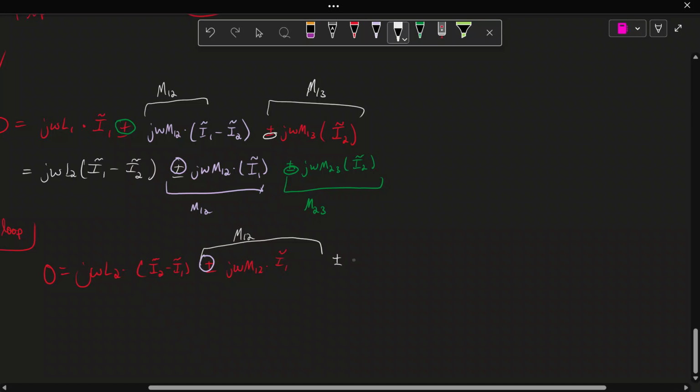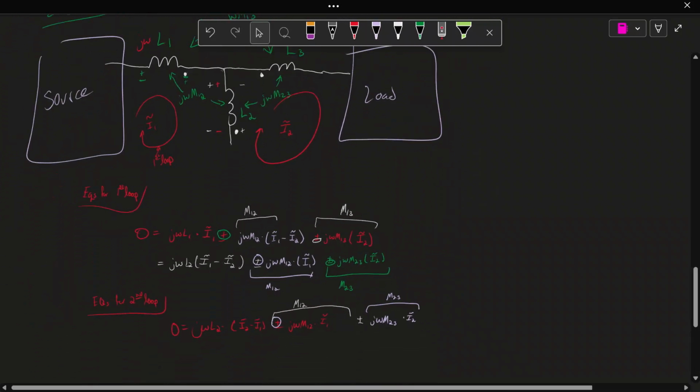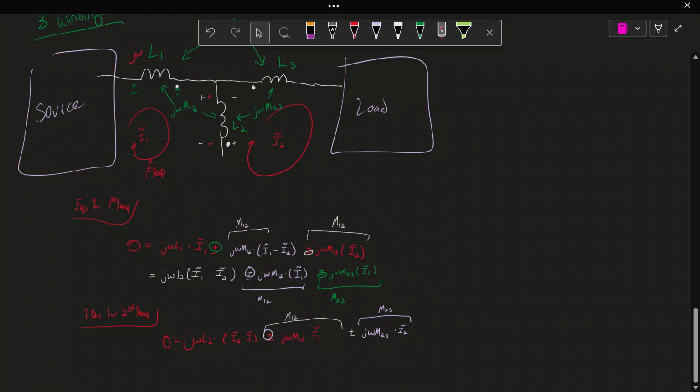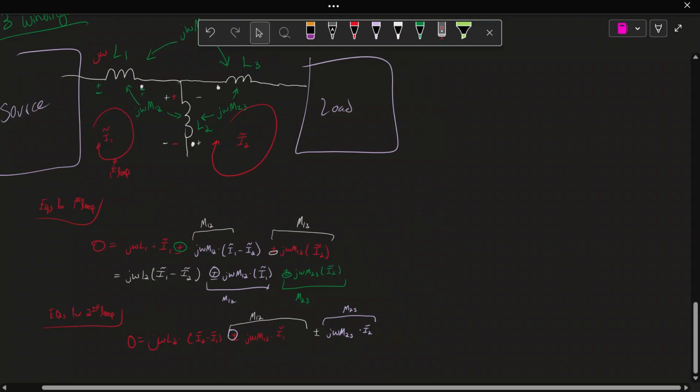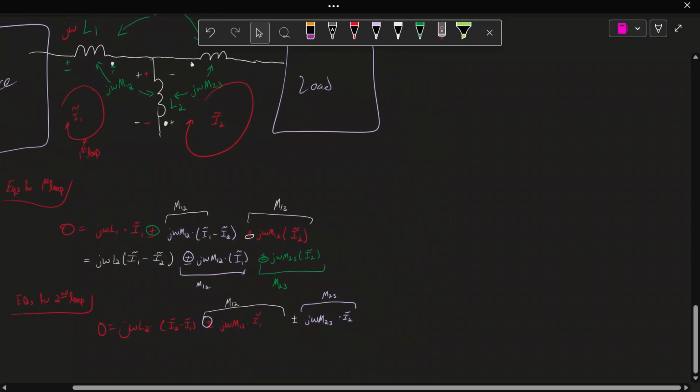Now we have plus or minus. This one is going to be M23, so j omega M23 times I2. Let's figure out, is it positive or negative? I2 is going to be going through L3 from the dotted side first, so there will be a positive at the dotted side.